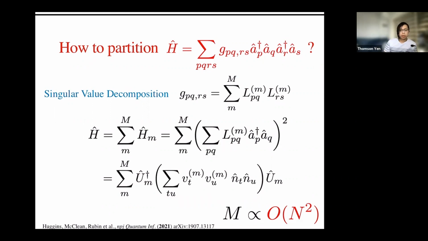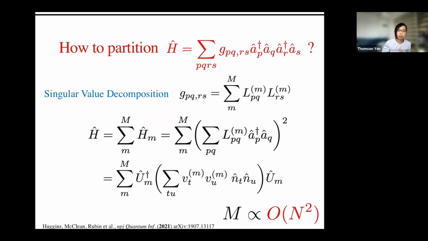So let's check the form, if it's what we expected. On either side, we have unitaries, and we still just have the number operator at the center. So that's what we want. And the nice thing about this method is that because we're using SVD, we know for sure that the number of groups M scales with n squared.